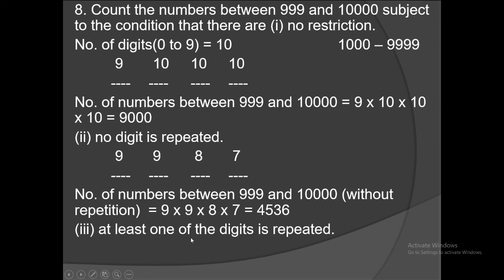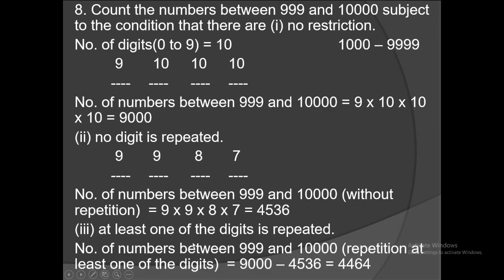The third, they have asked at least one digit is repeated, meaning 1 or 2 or 3 or 4, whatever it might be. So the answer is very simple. From the no-restriction count, if you subtract the no-digit-repeated count, you get at least one digit repeated.